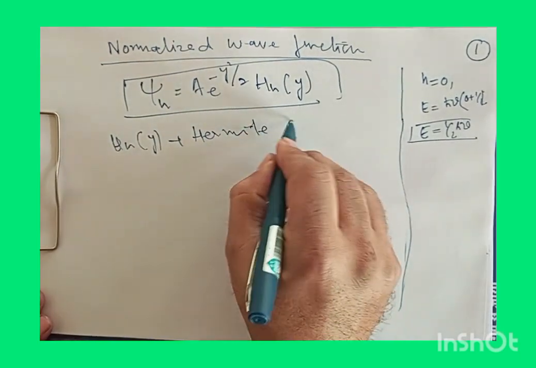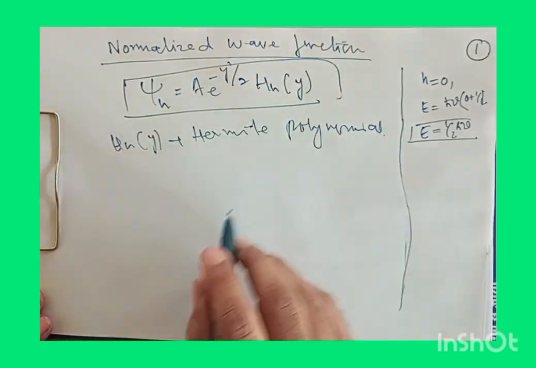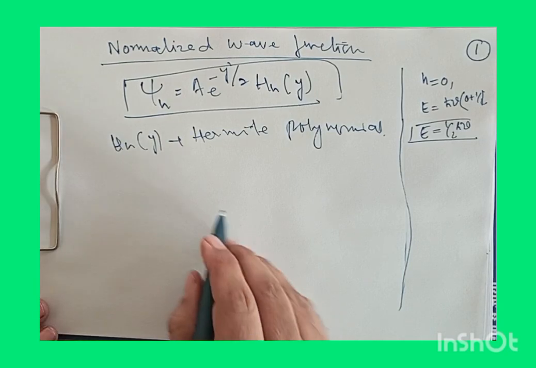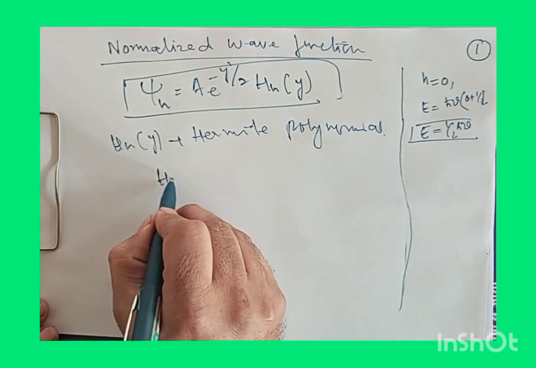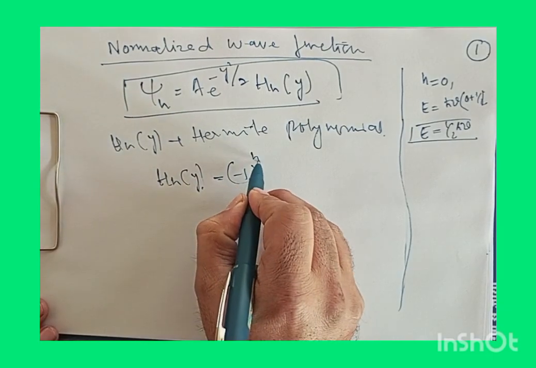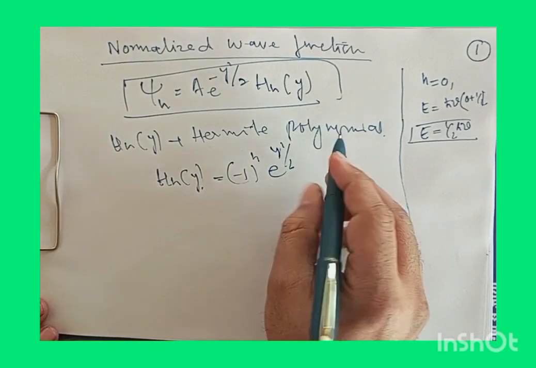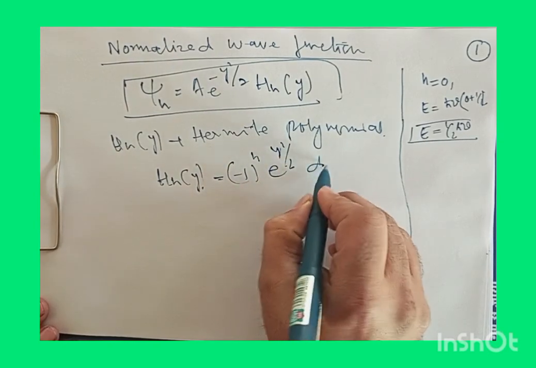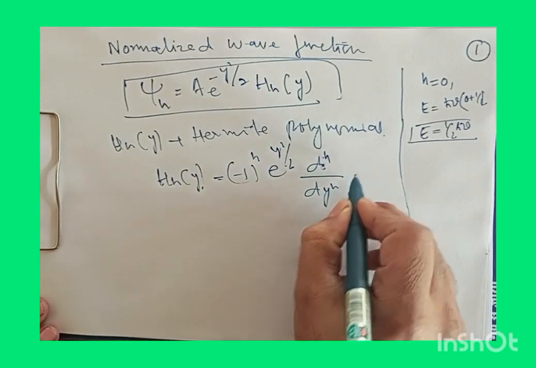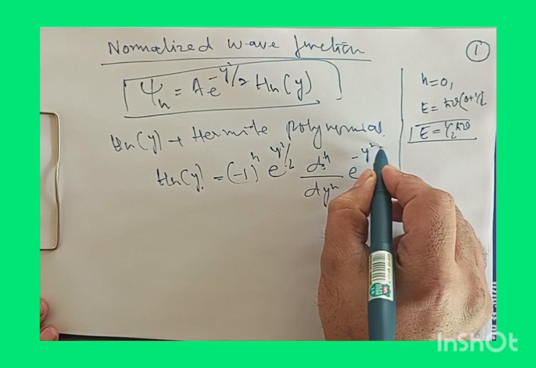We have the generating function for this Hermite polynomial as (minus 1) raised to the power n, e to the power of y squared by 2, then d^n by dy^n of e to the power of minus y squared. That's it.